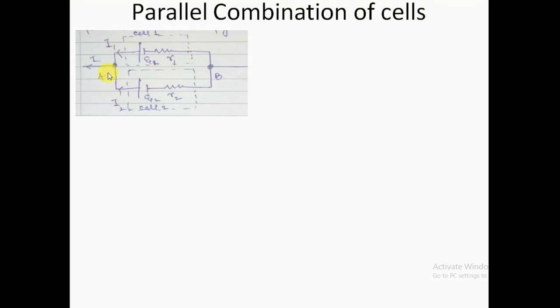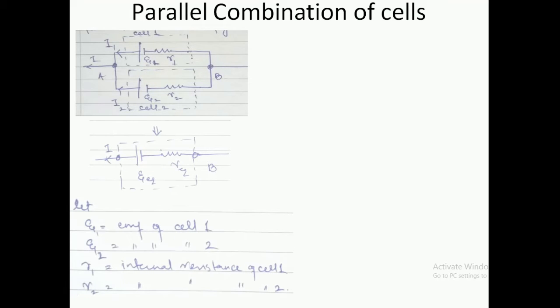I'm making the equivalent circuit, where the same is replaced by one cell having EMF E equivalent and resistance R equivalent, and current I is flowing. So these are two equivalent cells.